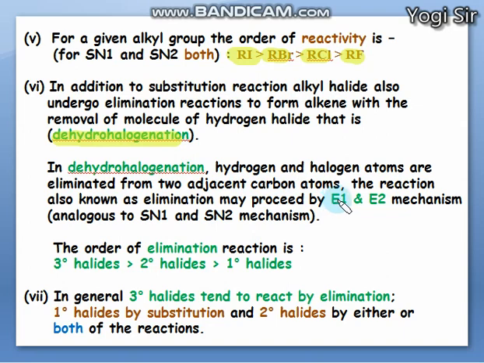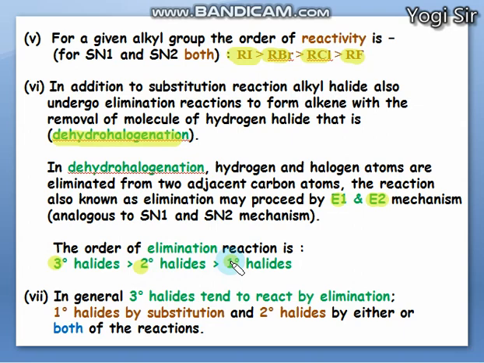Here they are known as E1 and E2 mechanisms, elimination 1 and elimination 2, which we'll discuss in our next session. They are analogous to SN1 and SN2. In the same way, elimination is faster with tertiary and decreases towards primary halides.